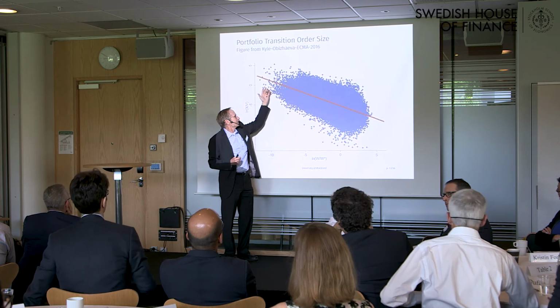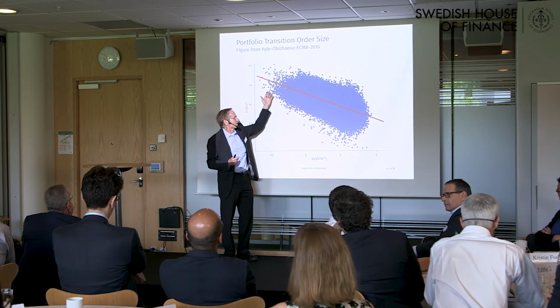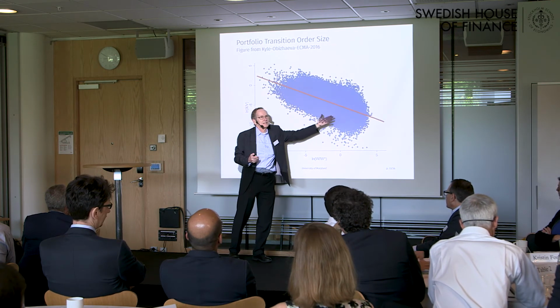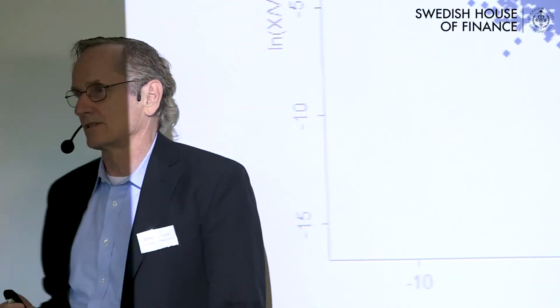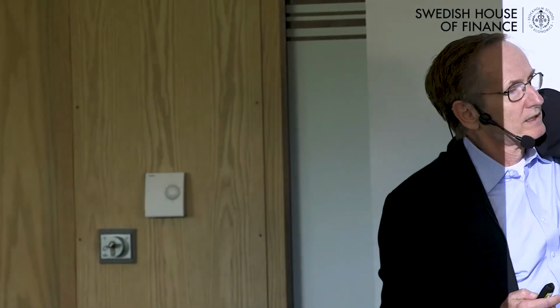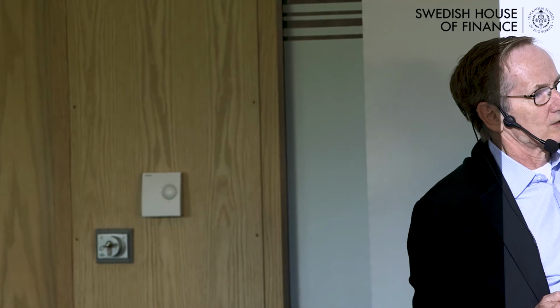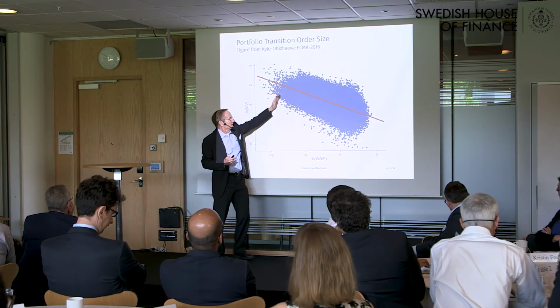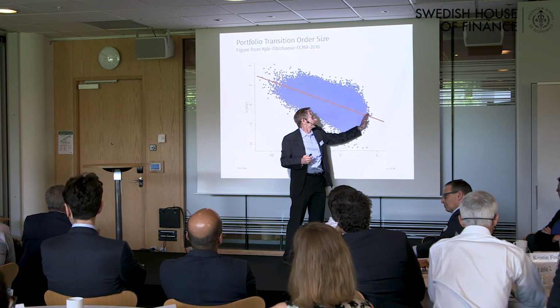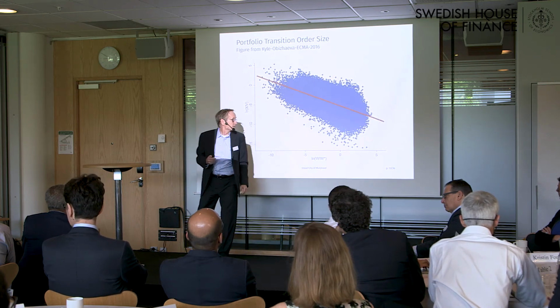She has a large data set of portfolio transitions, which we think of as institutional bets. And the red line you're looking at is a line with a slope of minus 2/3. And you can see that bets as a fraction of average daily volume are much bigger in less liquid stocks, or stocks with low levels of volume. Bets in a stock like Apple that has very high trading volume are a very small fraction of trading volume.